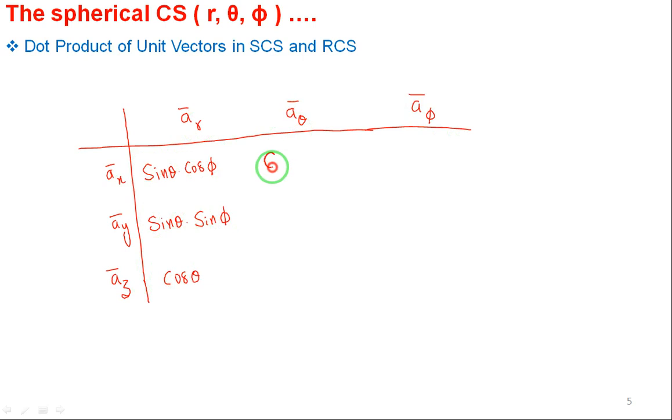Derivative of sin theta is cos theta. This cos phi is constant, write it as it is, cos phi. Then take the derivative of the previous element. Derivative of sin theta is cos theta once again. Then sin phi as it is. Derivative of cos theta is minus sin theta.